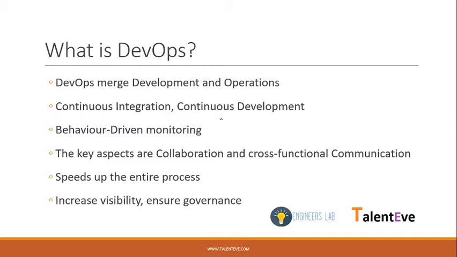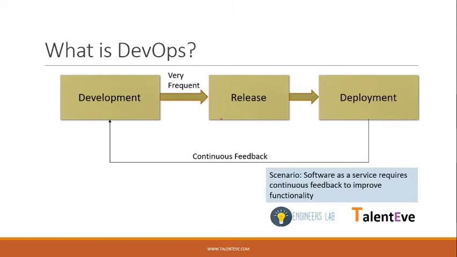during the development itself. Now, to put it in a flow manner, the development team in DevOps releases very frequently, and then this will be used by the deployment team to test the things, and there is a continuous feedback on the working of that, and they give the feedback to the development team.